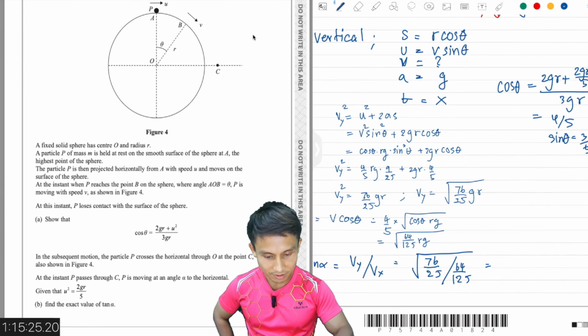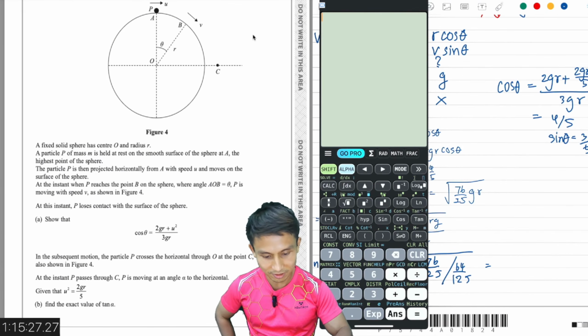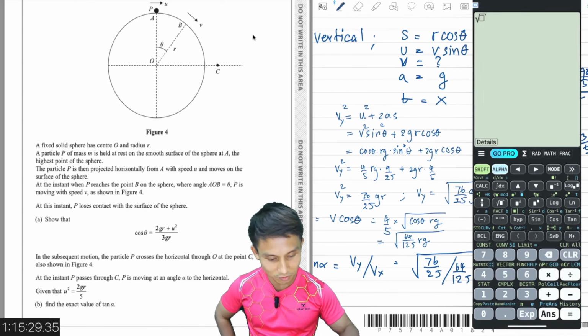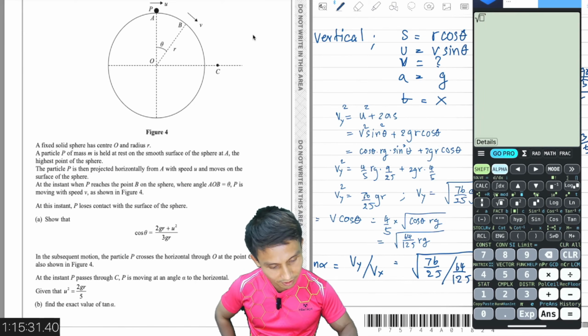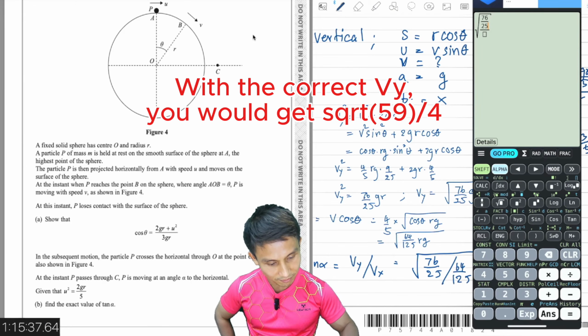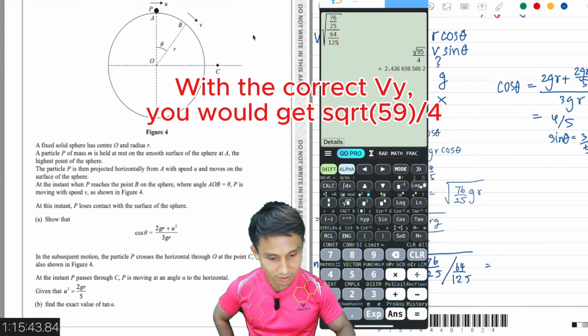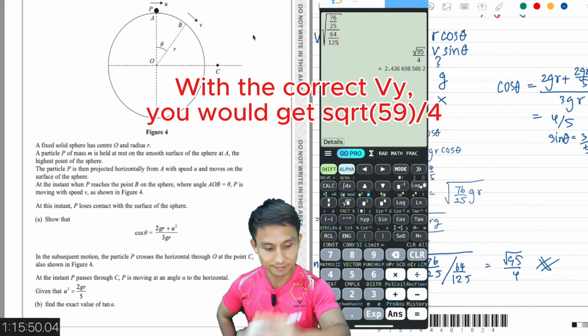I'm going to use a calculator. It's probably not my mental math day. So that's just root 95 over 4, exact. That's done then. There you go.